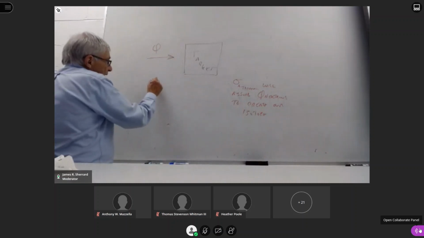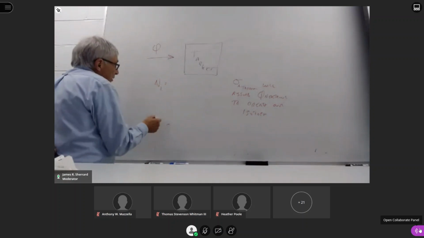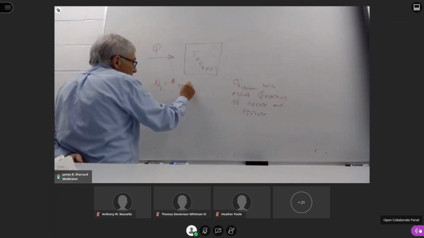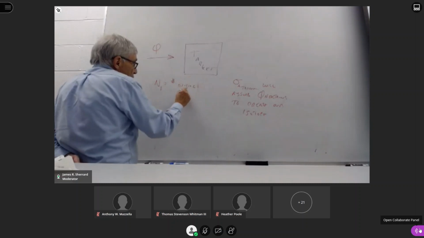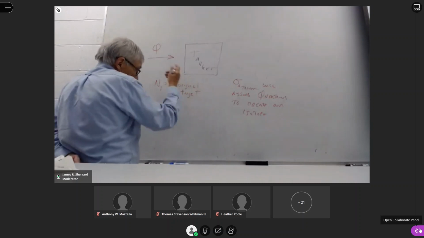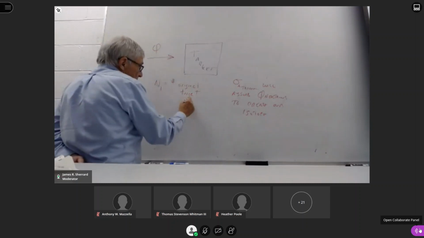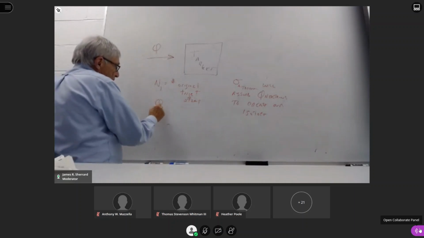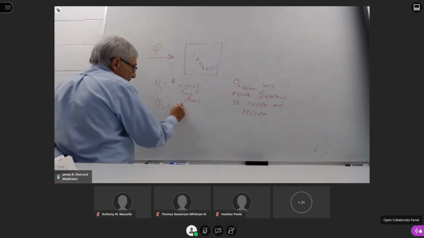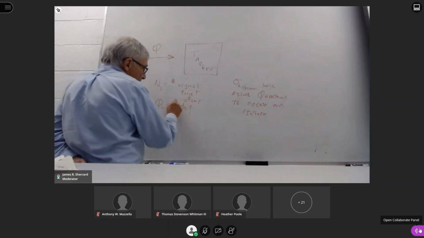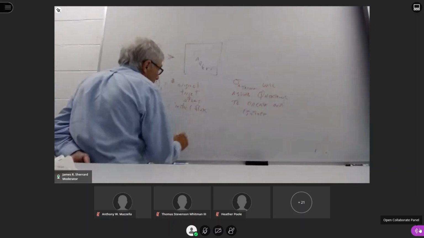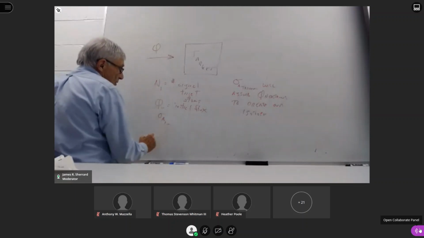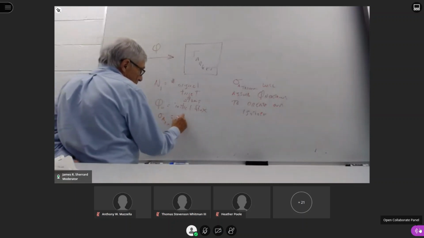If we let N1 equal our number of original target atoms, we have an initial flux, and we have to be concerned about the absorption cross-section for our target.